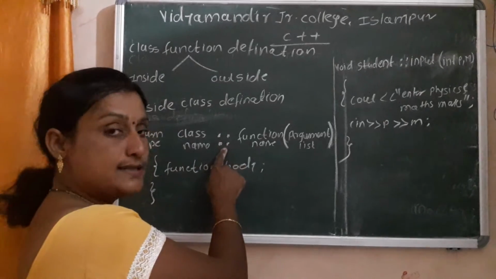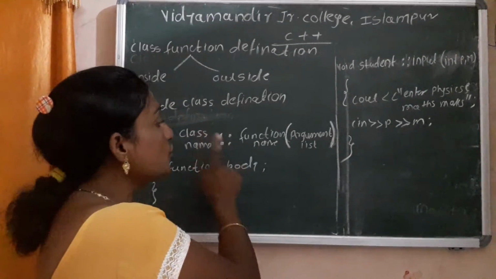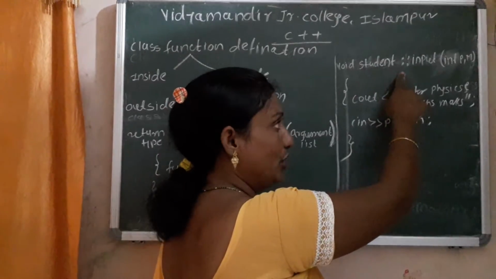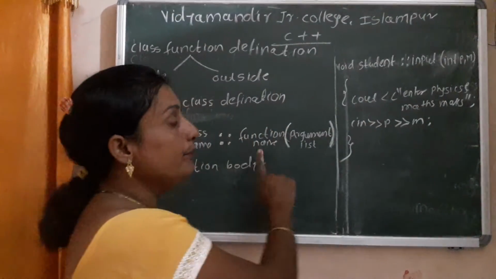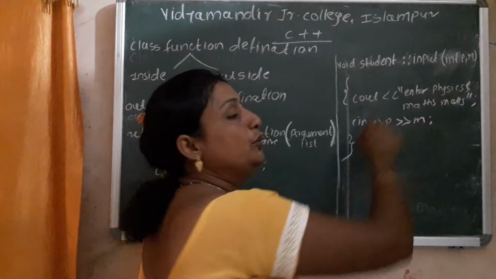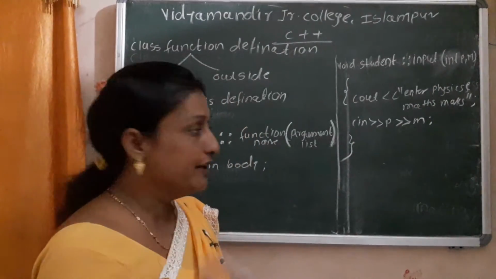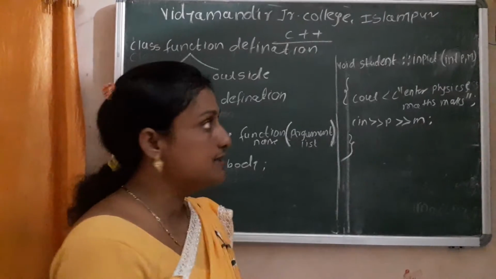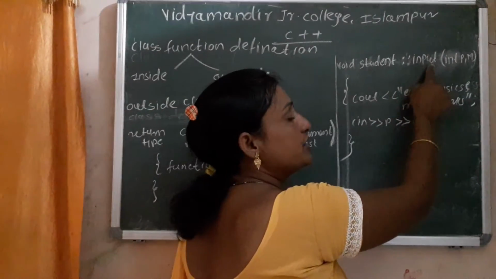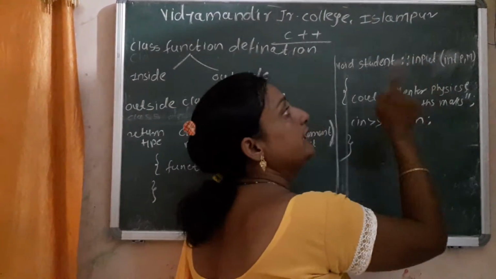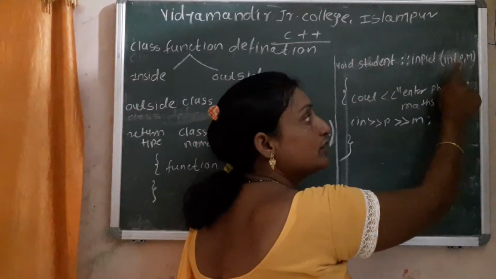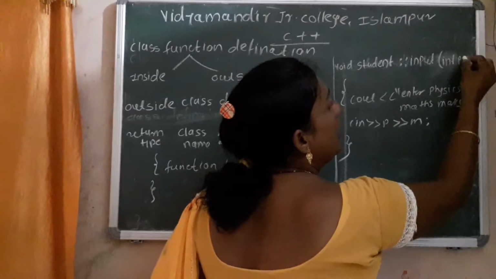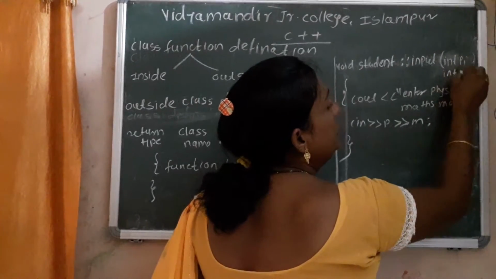After that, the scope resolution operator. And for the function name I use input. The argument list is the variable list. The input function operates on the arguments int p, int m.